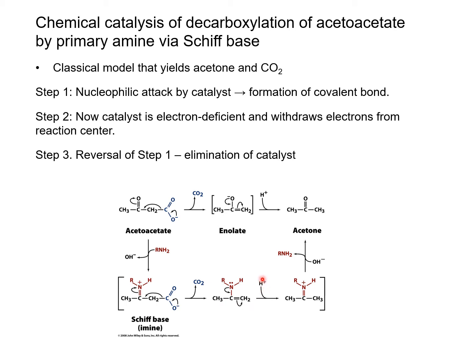With the addition of hydrogen cation, it will go back to this form where it was originally attached. So it will induce the elimination of the catalyst, which is basically the reversal of step 1. And then by addition of the hydroxide, this will become the acetone in a much faster way.